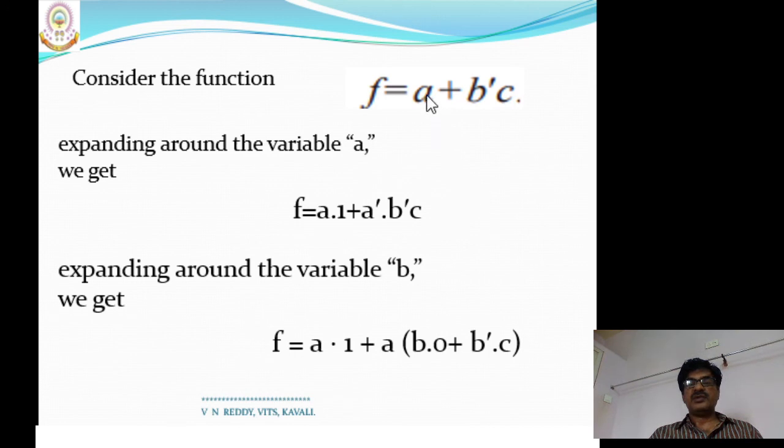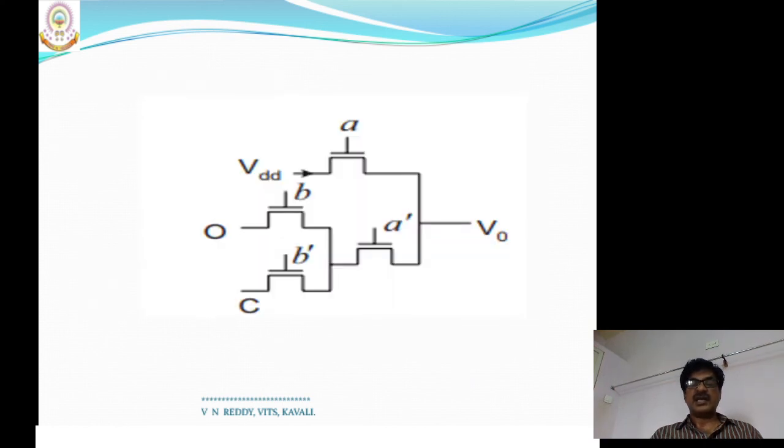Here three variables are there in the original function, so I expanded with reference to two variables. Here it is a dash, not a. Like that the expansion can be done, and finally the diagram can easily be constructed. Clear? In the next class we will see the different logic families in pass transistor logic.